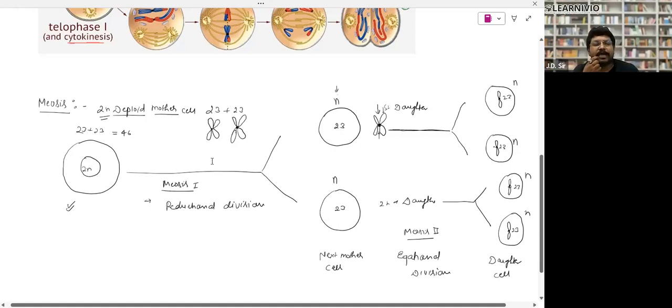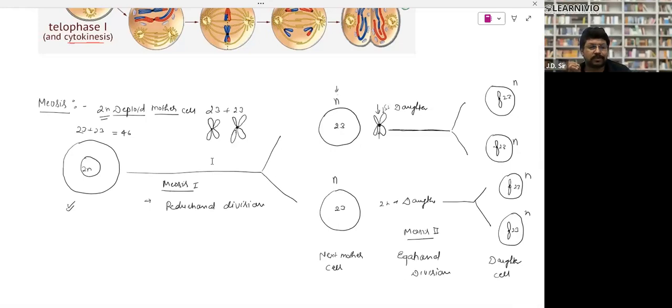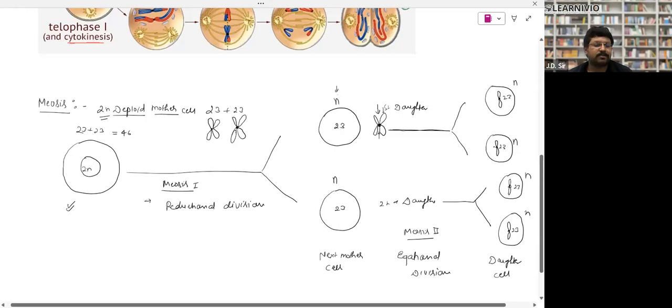Normally what they will ask you in the question: justify that meiosis first is a reductional division but meiosis second is equational. Then you have to make this diagram simply and write down the complete process, right?